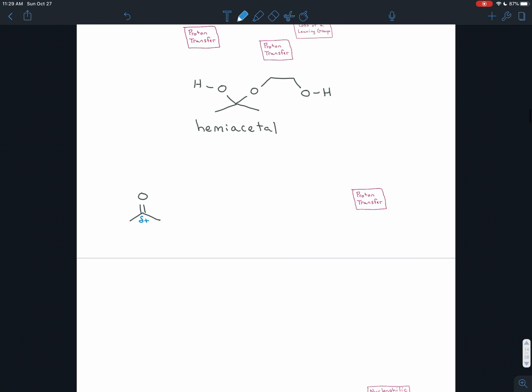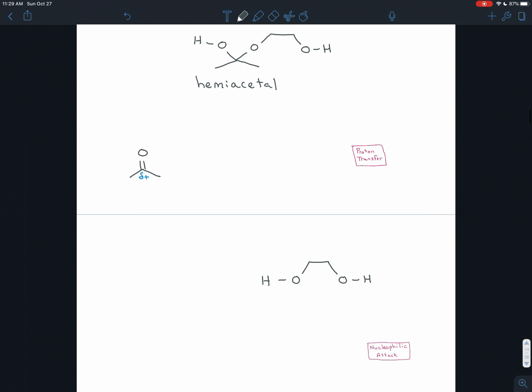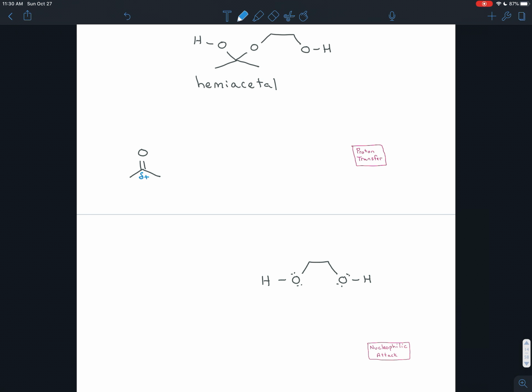But we want to turn it into an amazing electrophile because the alcohols that we have in this ethylene glycol molecule are neutral, so they're not the best nucleophiles. So we need to make the electrophile amazing in order to tempt that nucleophile to react with it.